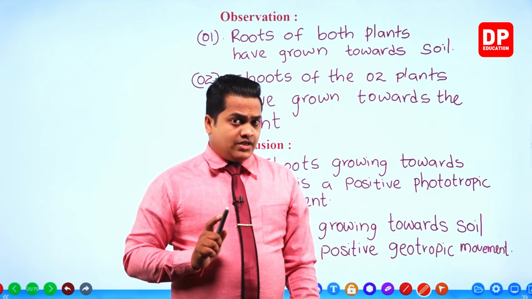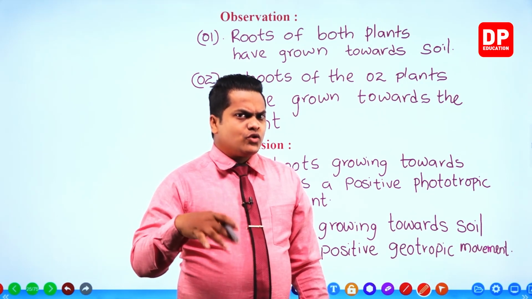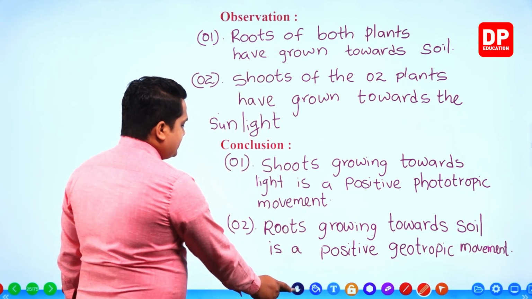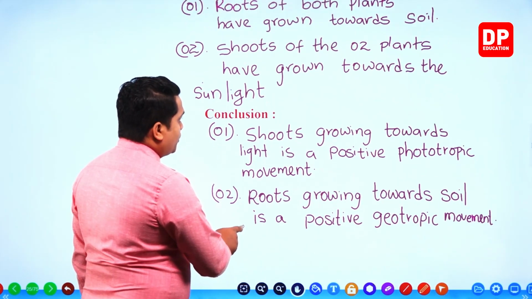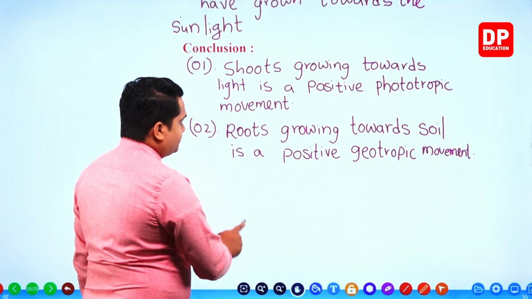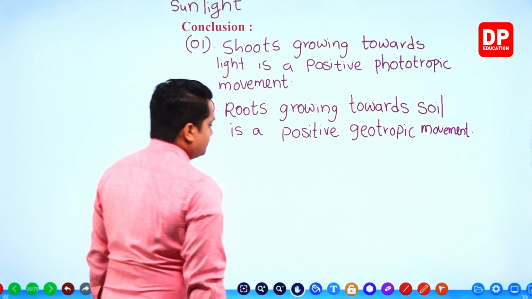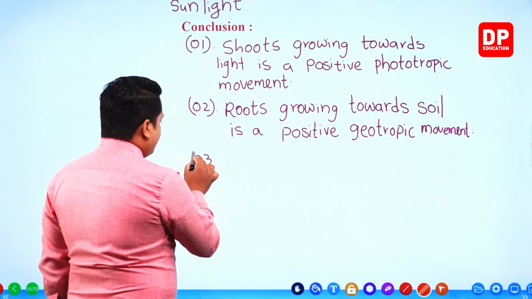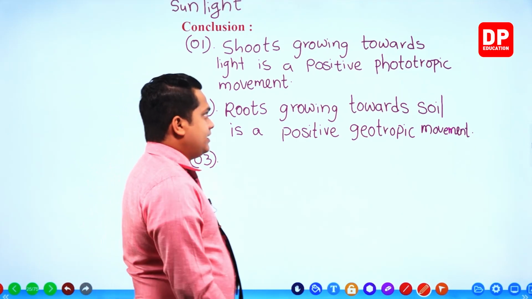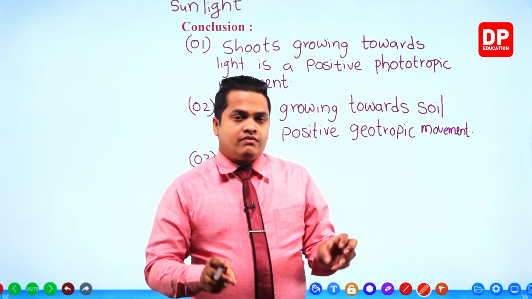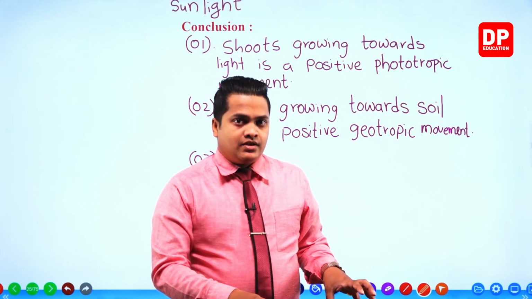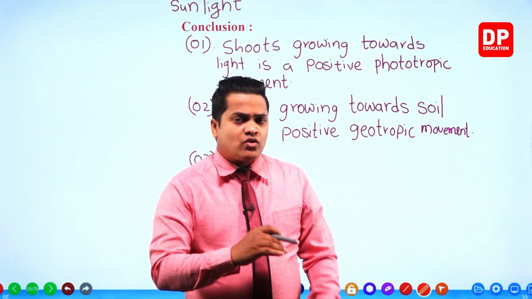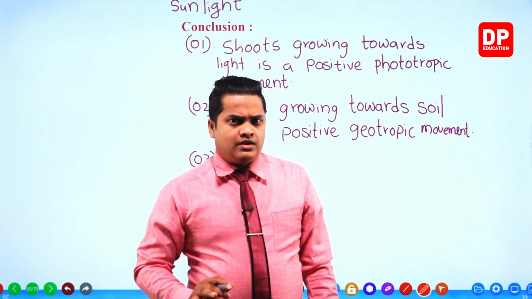Other than that, my dear children, we can get two other conclusions as well. So I'm going to take this thing somewhat up to write down those two. We know that when the shoots are growing towards the light, it is growing away from the soil.